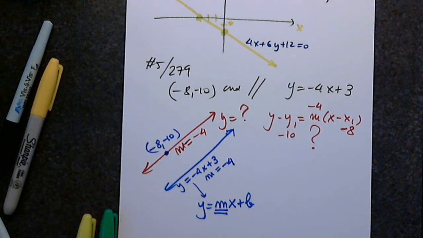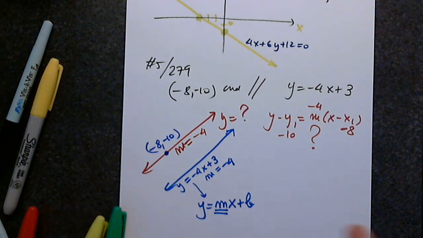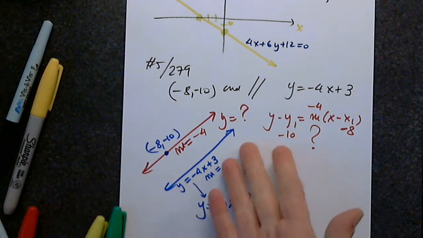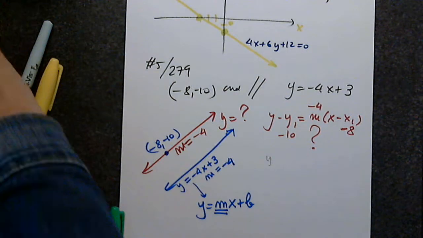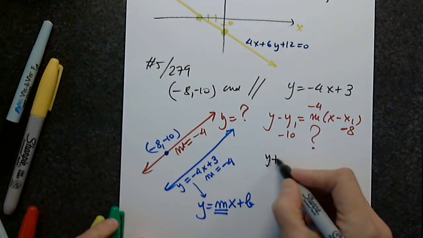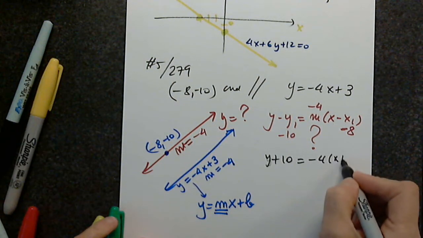So I determine the equation of the line passing through the given point. I'm not there yet, but I will be determining right now the equation of the line passing through the given point and parallel to the given line. So then y plus 10 equals -4 times x plus 8.